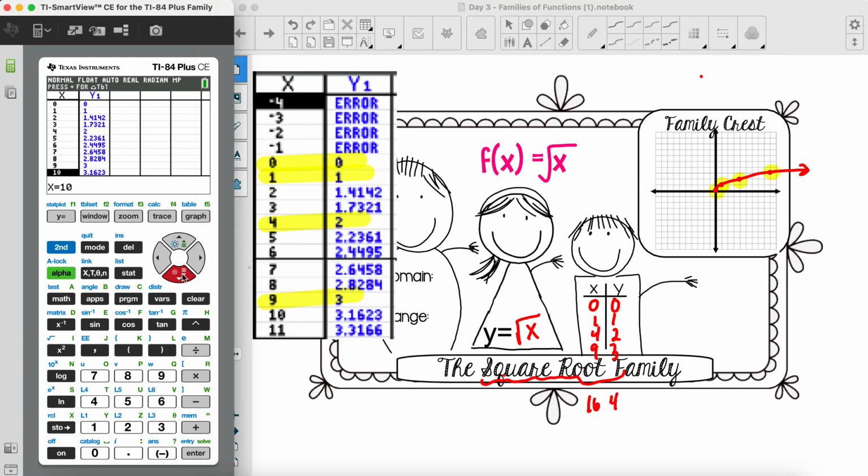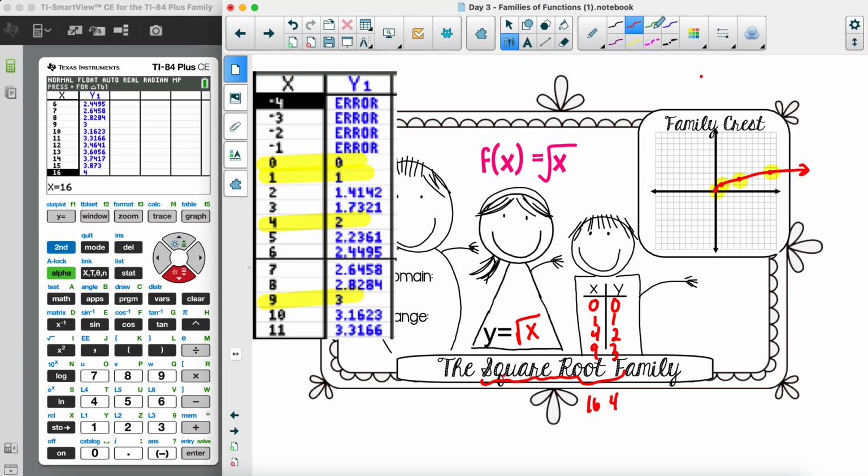So if I scroll down, you should expect that at the 16, you're going to see your 4 if you start to pay attention to what you're actually doing, which is why I always say to you, stay smarter than your calculator.